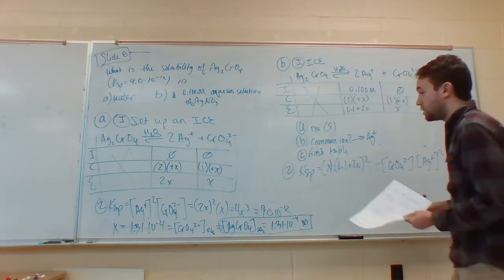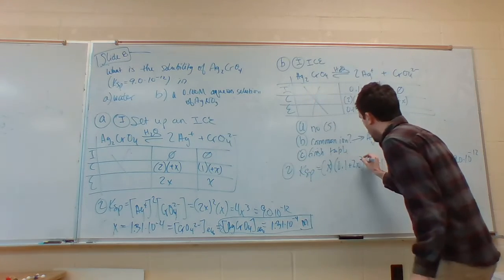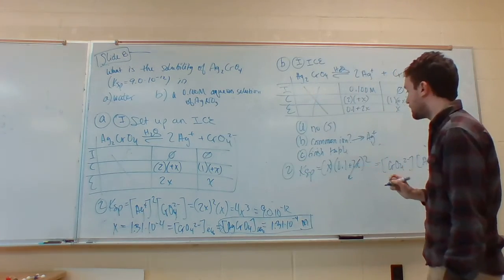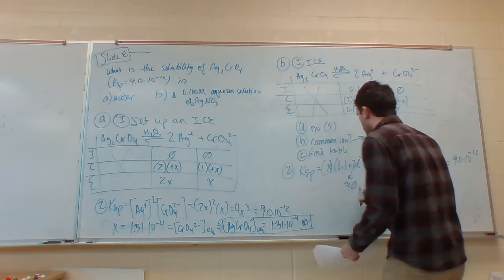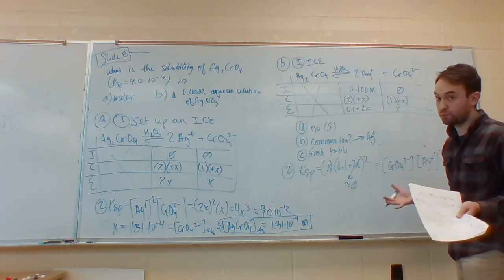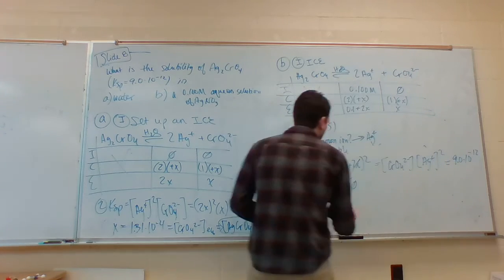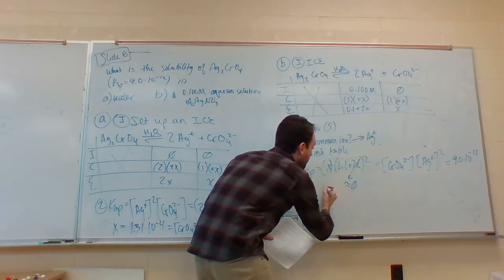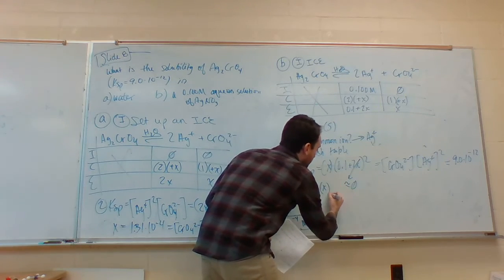So what I'm going to suggest is that we make a little bit of an approximation, where we drop that 2x portion. So we're going to approximately say that that is 0, which means that we'll have to do a 5% rule check, but I'm going to skip that for the sake of time.